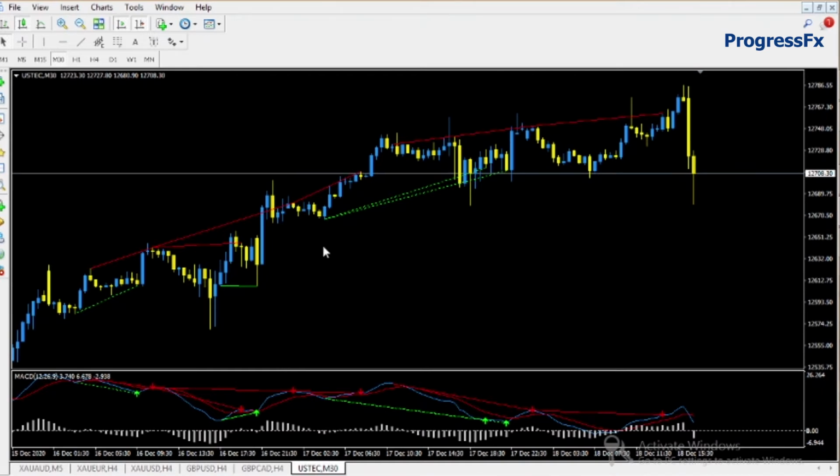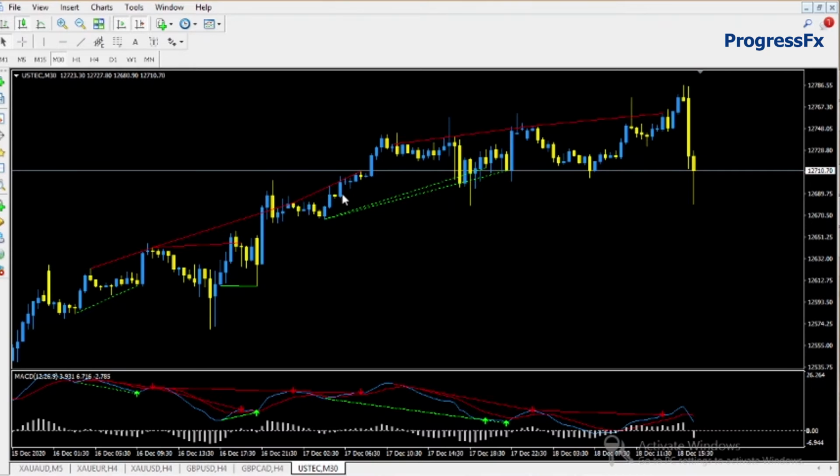Some brokers don't add it, some brokers do. So these lines indicate the divergence that is occurring in the market, that is the higher highs and the lower highs in the market.